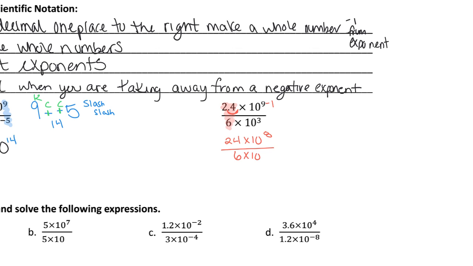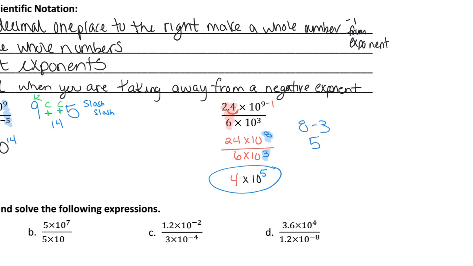And 6 times 10 to the 3. So now let's do 24 divided by 6. I get 4 times 10. And then now I subtract my exponents. And what is 8 minus 3? That's 5. Okay.